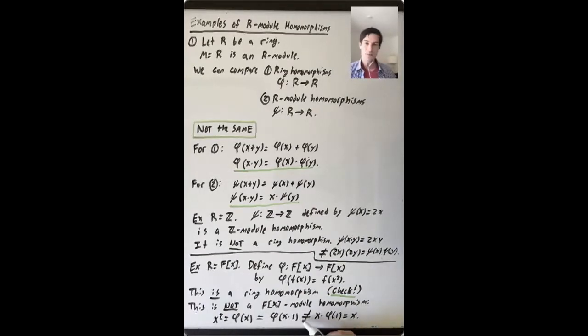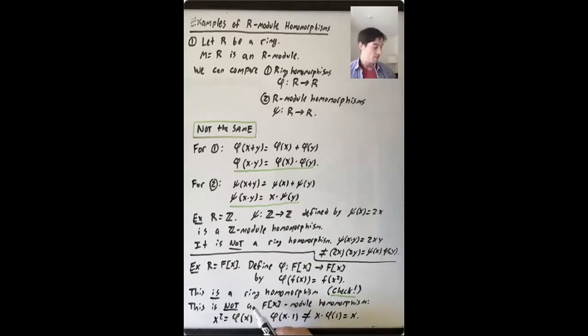But if this were going to be an F[x] module homomorphism, this would have to be equal to the action of x on the element phi of 1. But phi of 1 is just 1. And the action of x on 1 is just x, because the action of R on this module, where you think of R as an R module over itself, is just multiplication in the ring. So we're just seeing that x squared is not equal to x.